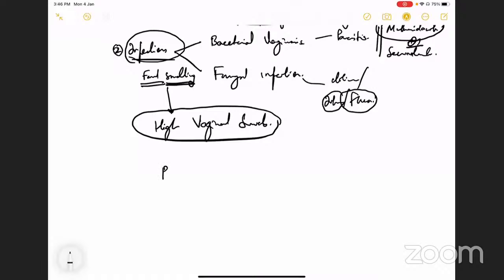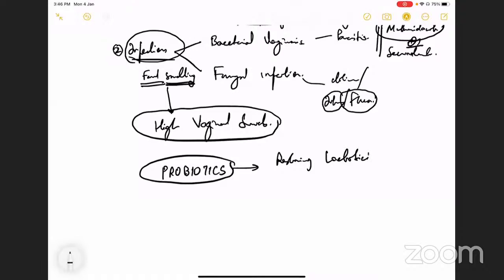The third thing which you should remember is that, irrespective of what you do, always add a probiotic to your medical combination. Addition of probiotic helps in restoring the lactobacilli of the vagina and it also helps in maintaining a good pH. There are a lot of herbal agents which are available which help in maintaining the pH.